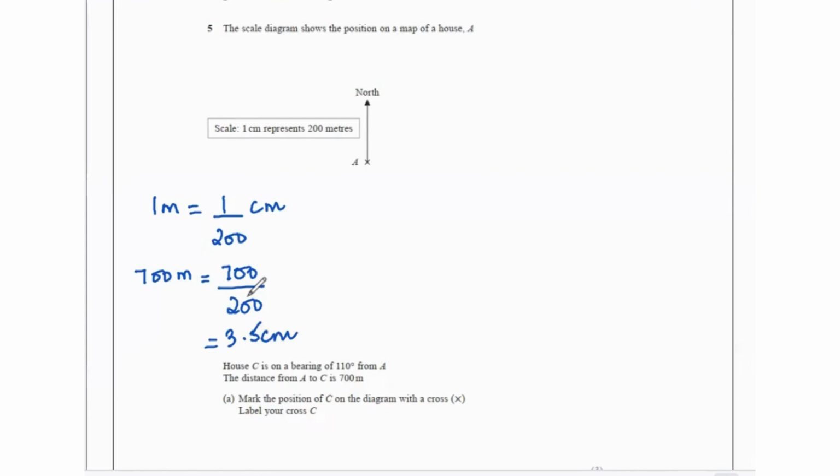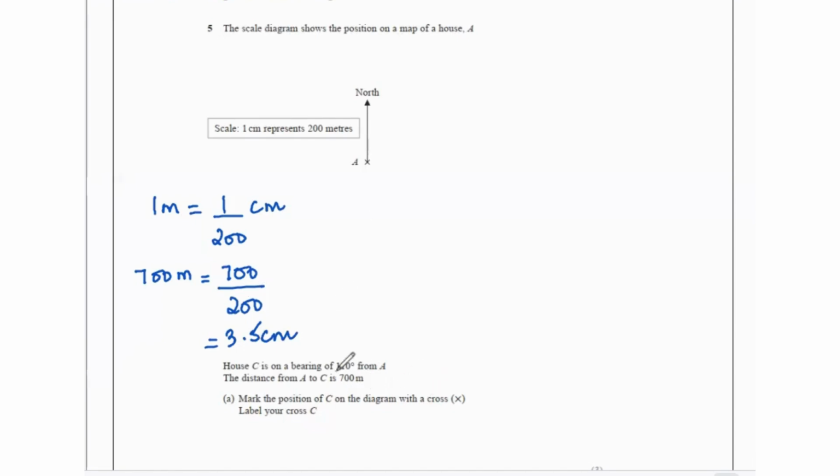Obviously, on the paper, you cannot draw 700 meters. That's why they gave us the scale that 1 centimeter equals 200 meters. So using that scale, we can see that 700 meters is equal to 3.5 centimeters. So using a ruler, you will draw a line of 3.5 centimeters to show the distance between A and C.